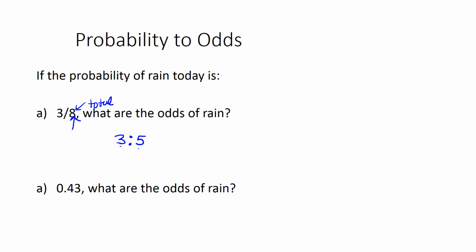Here, if the probability of rain is 0.43, what are the odds? It's 43% for rain, so it must be 57% not rain, right? They have to total 1.